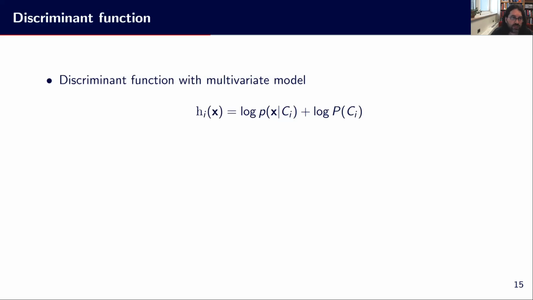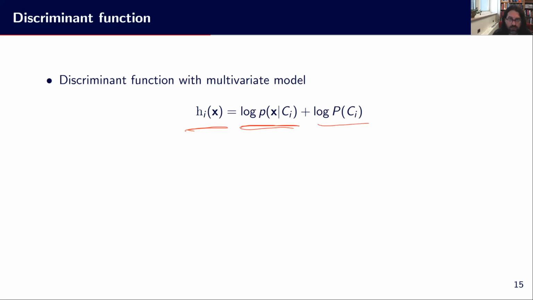So if we look at the discriminant function we get from that with the multivariate model, we can directly look at the log likelihood. So we can state that the h function for class i for a given x, assuming a multivariate model based on normal distribution, Gaussian distribution, is equivalent to the log of the likelihood for the class Ci plus the log of the prior.